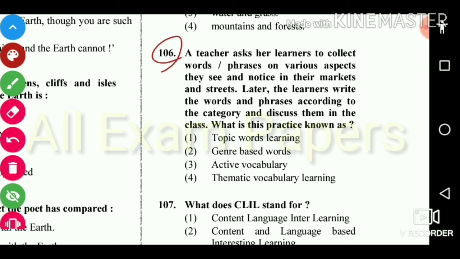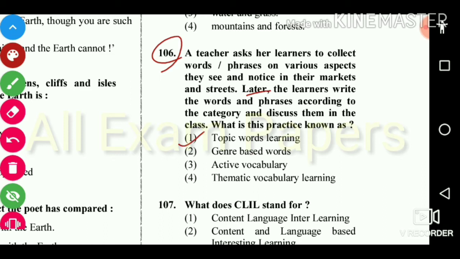First question is: a teacher asks her learners to collect words or phrases on various aspects they see and notice in their markets and streets. Later the learners write the words and phrases according to the category and discuss them in the class. What is this practice known as?